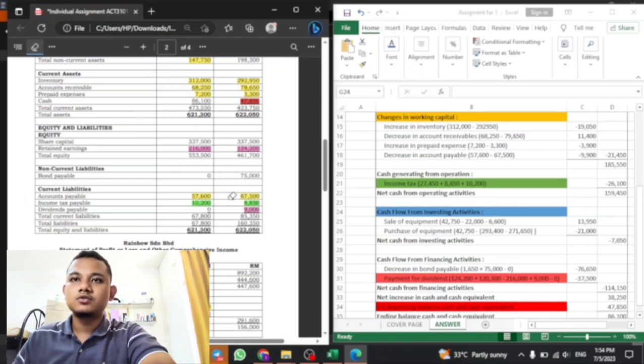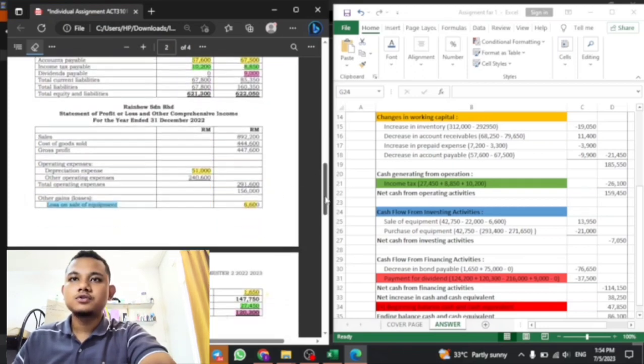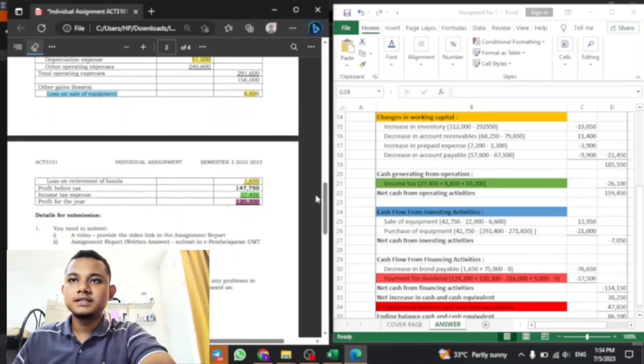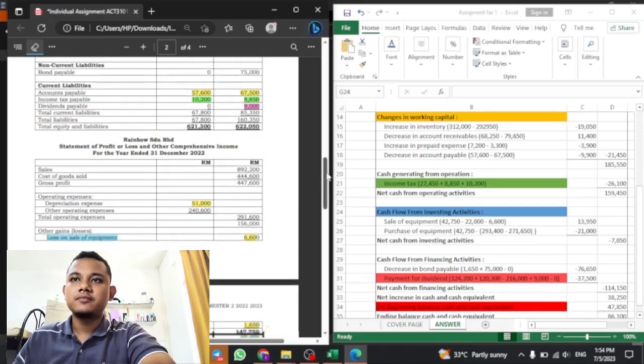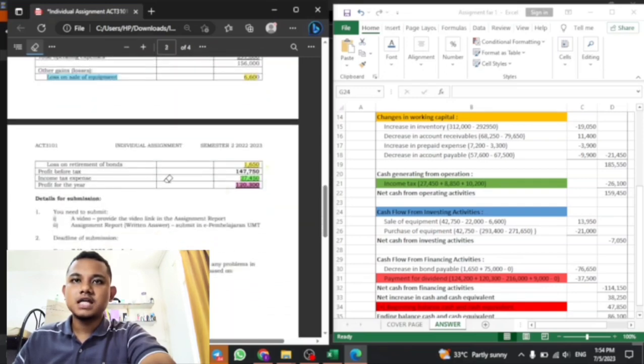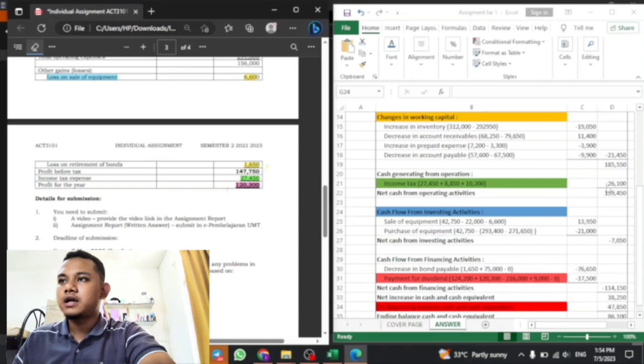I also add the item in the statement of profit or loss and other comprehensive income, which is income tax expenses RM27,450, and I get RM26,100. I add it with the amount above, and I get the net cash from operating activities, which is RM159,450.